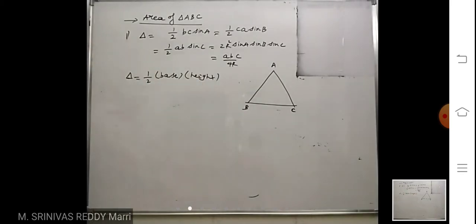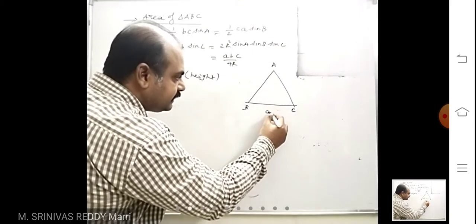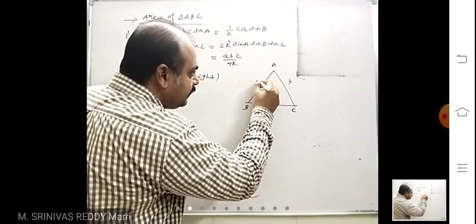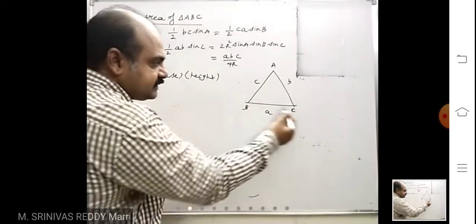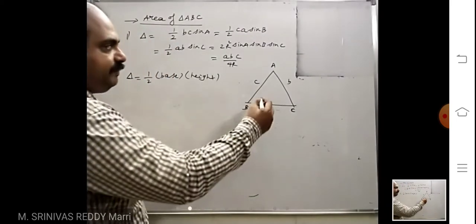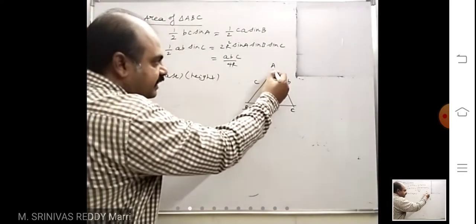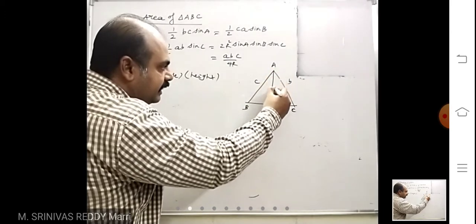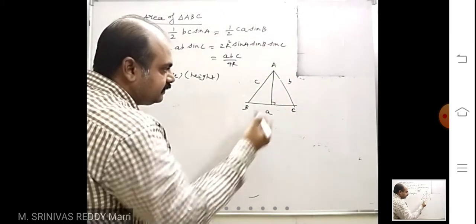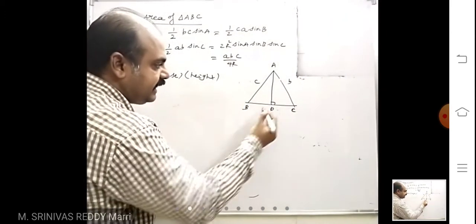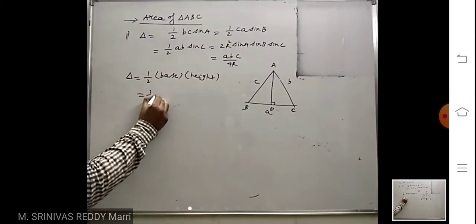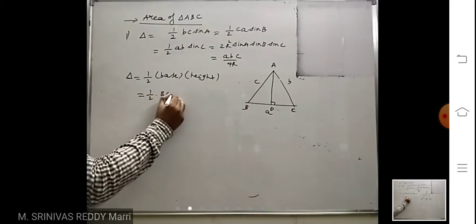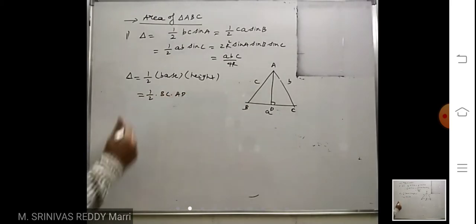Any side you can take as the base. Suppose BC is the base. Now drop a perpendicular from A upon it. This AD is called height. Now the area is half into BC into AD, where the base is BC.